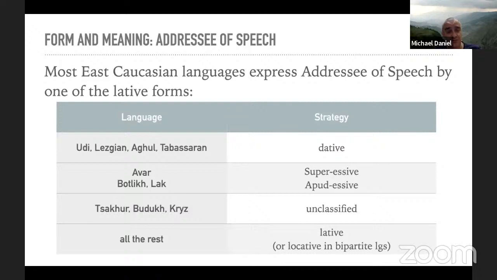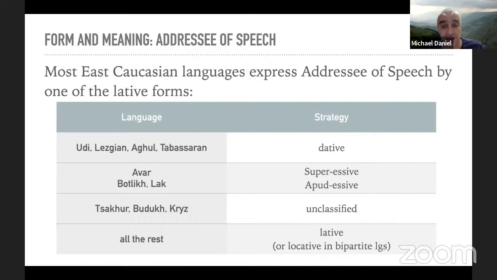There are some not very clear cases for Avar, Botlikh, and Lak, and some, again, not very clear cases in Tsakhur, Budukh, and Kryz, three East Caucasian languages, but all the rest of the family use a lative form, a directional form. Again, should we consider this use as purely syntactic? It's a kind of argument of the verb of speech, say.